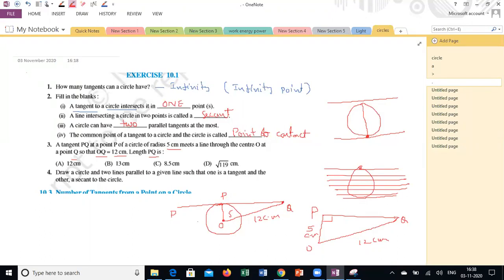Sir, root 119 centimeters. Correct. According to the Pythagoras theorem, this is 12 squared minus 5 squared. So 144 minus 25 will be equal to root 119. Complete the fourth question on your own.